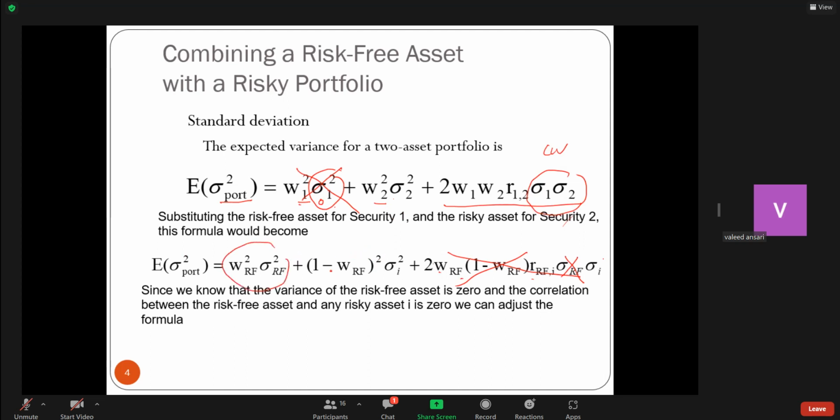All these other two have gone out. And when we take the standard deviation, this will stay, and the risk-free part will go away, and the risky asset remains.